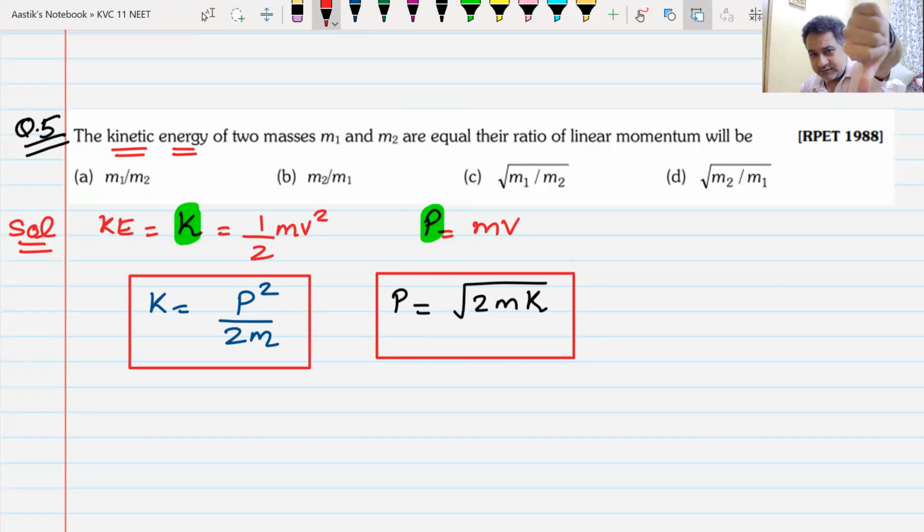Do you understand this? Now, can you answer this question? Question number 27. I'm waiting. These questions are going to come in your exam. I'll give you 2 minutes to do it now.